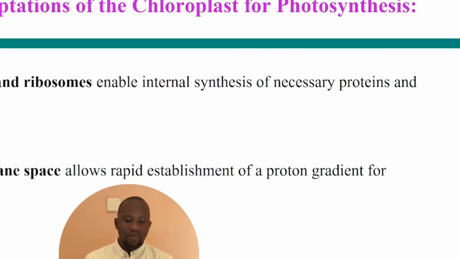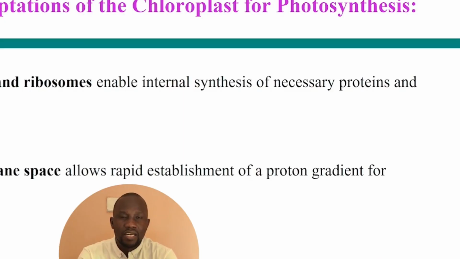The small intermembrane space, that space between the inner and the outer membrane, is very good for establishing the proton gradient, which we shall see is very important in the synthesis of ATP in the process. So that marks the end of this presentation.